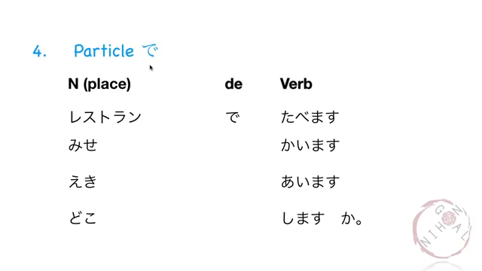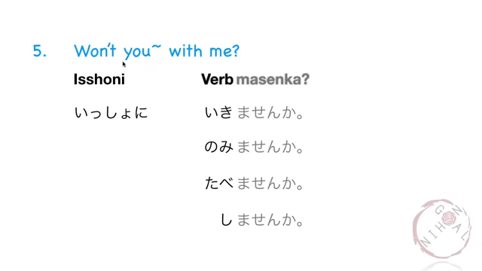The particle de, which indicates the place of the action. For example, レストランで食べます。店で買います。駅で会います。And the question, どこでしますか? How to invite someone. Won't you 何々 with me? 一緒に verb ませんか? For example, 一緒に行きませんか? 一緒に飲みませんか? 一緒に食べませんか? 一緒にしませんか?